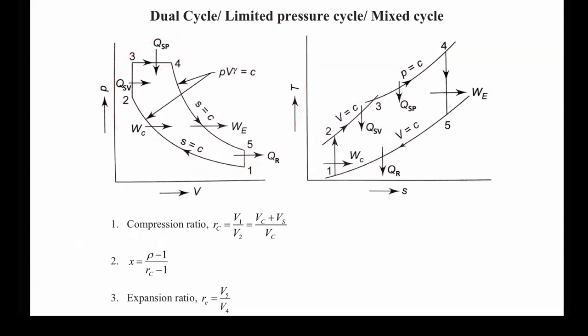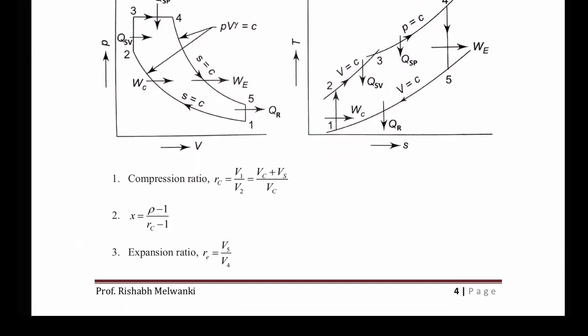Now here you can see we have defined a few terminologies. First one is compression ratio, which is V1 by V2. You can note this down in your book; anyway, it is there in the formula list. Then you can see cutoff as a percentage of swept. This we had seen in the diesel cycle also, and this equation we had derived there. So X is cutoff ratio rho minus 1 upon compression ratio RC minus 1.